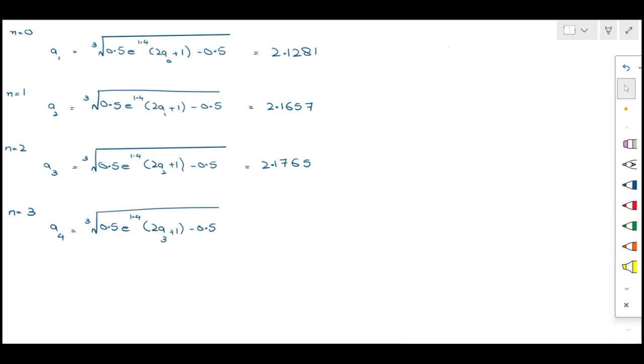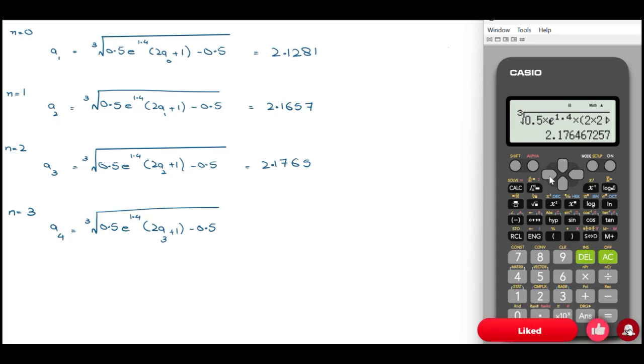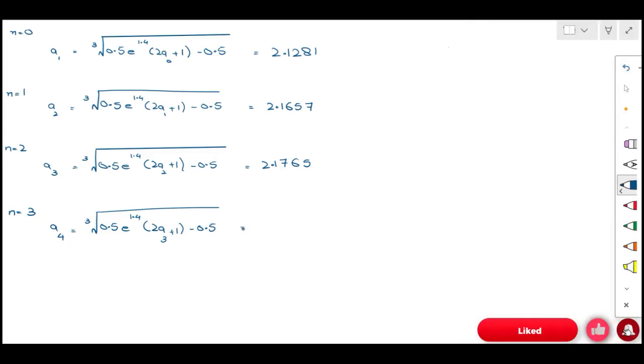Okay, so on the calculator we get 2.1795 up to 5 significant figures, and so on.